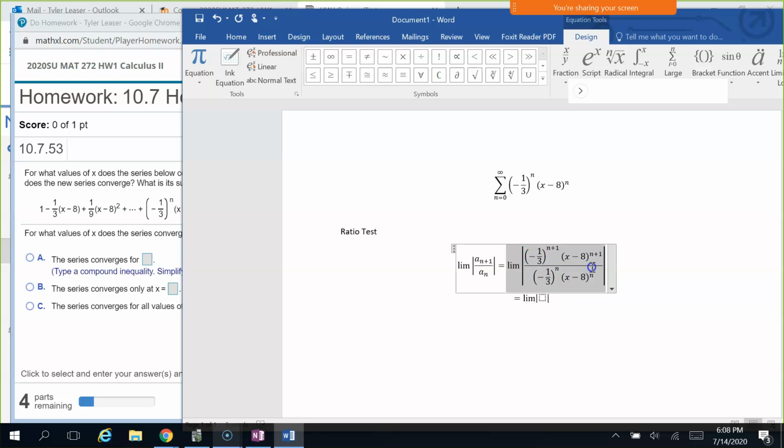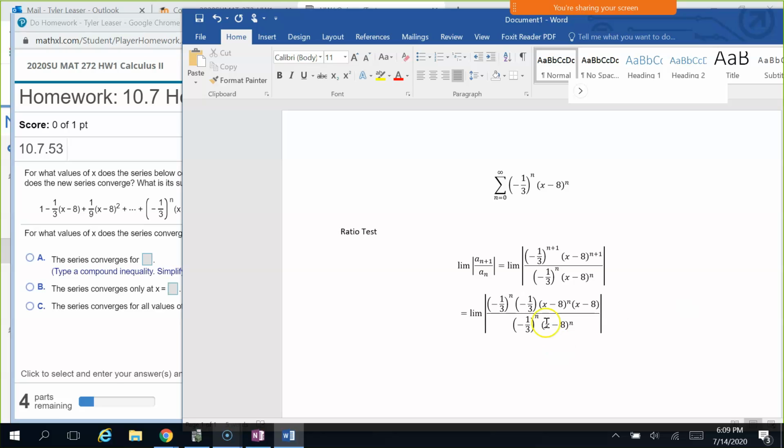So I'm just going to write it all out for this time. So let me just copy this down here. So like I said, we're going to rewrite that as negative 1/3 to the n times another negative 1/3, but just to the 1. We're going to do the same thing for this parentheses here, that we're going to think of as x minus 8 to the n times another x minus 8 to the 1.